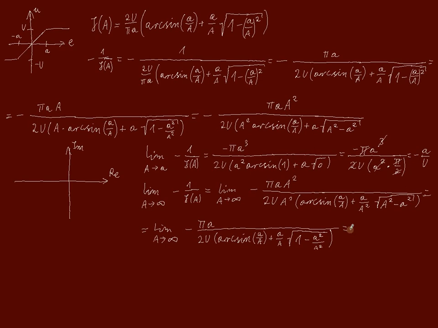We have 1 under the square root, but before the square root there is 0. Arcsine of 0 is 0. So the whole denominator tends to 0, which means that the result is infinity. Both of these points are real numbers, so we draw on the real axis.